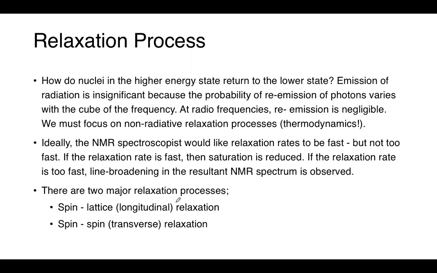There are two major relaxation processes which happen, both of which we'll measure: spin-lattice, which is longitudinal relaxation, and spin-spin, which is transverse relaxation. These two relaxation processes are what we're actually going to measure, because the re-emission of the photons is very unlikely.